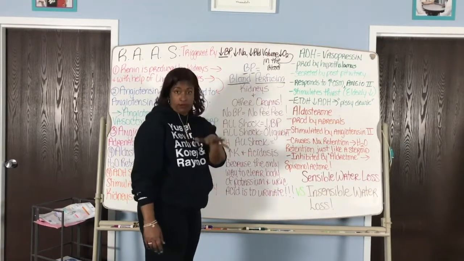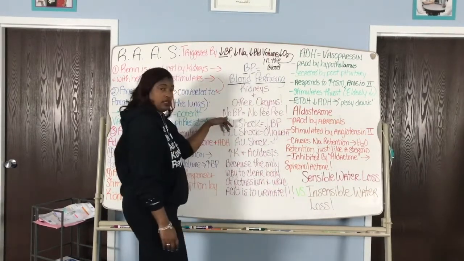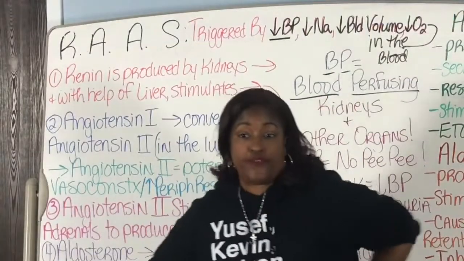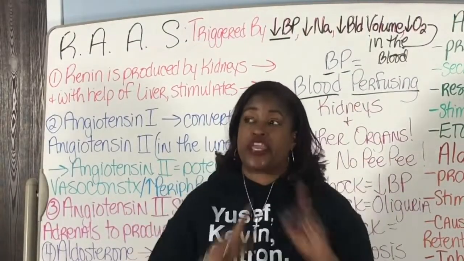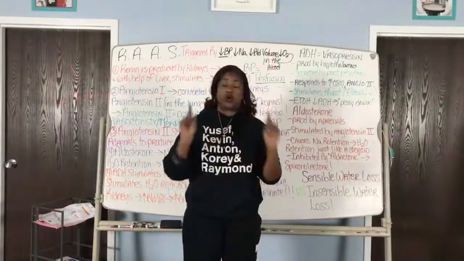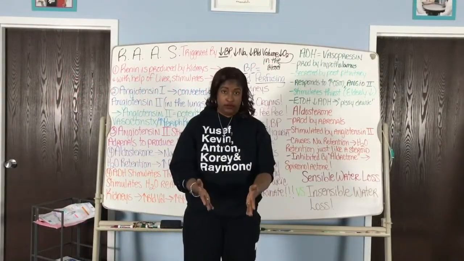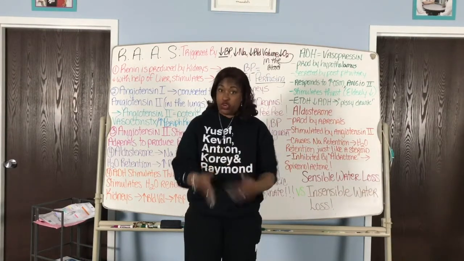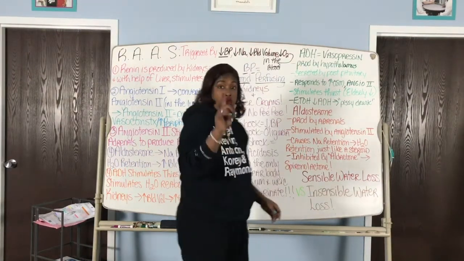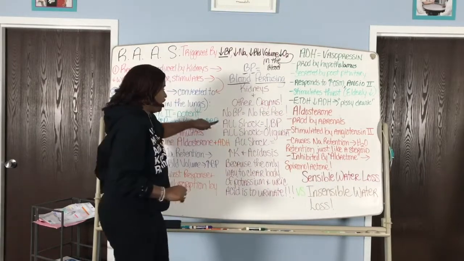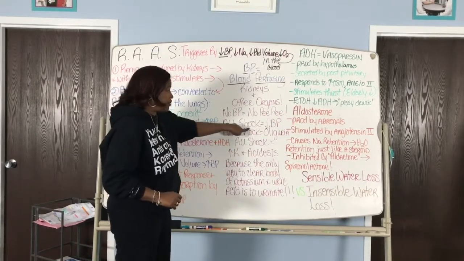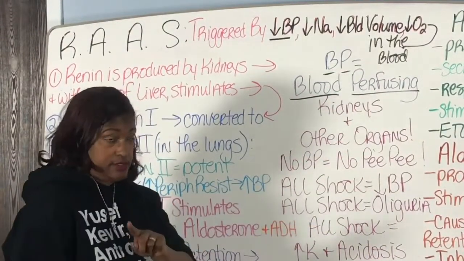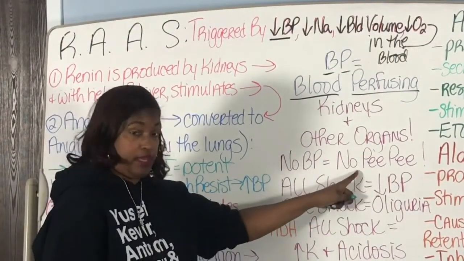No BP, no PP. If you don't have blood perfusing your kidneys, then your kidneys don't work. And if they don't work, they don't make urine. And if they don't make urine and you can't pee because you have no urine, this is going to get real ugly. Watch this. All shock patients have a low blood pressure, which means no BP, no PP.